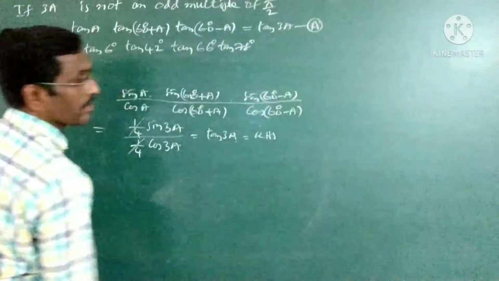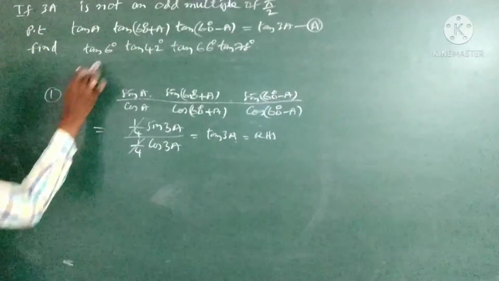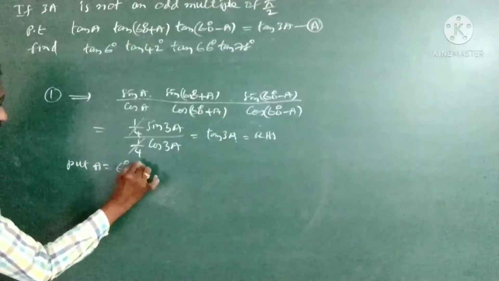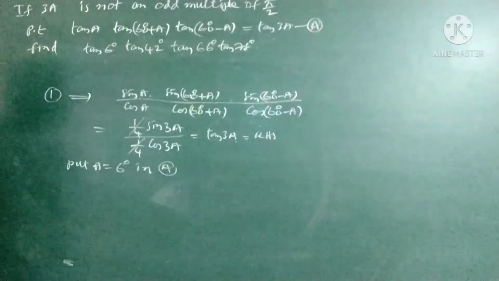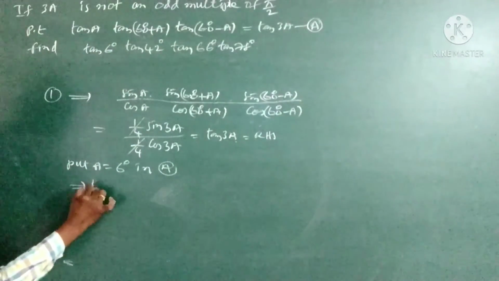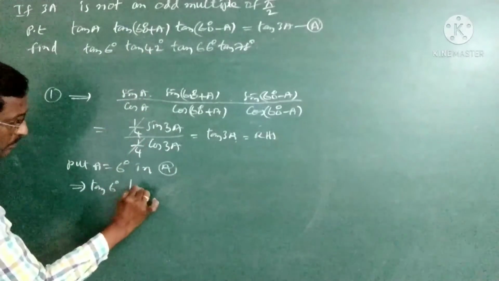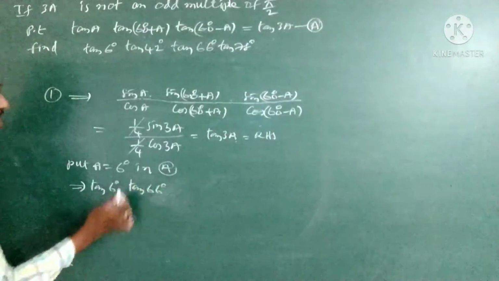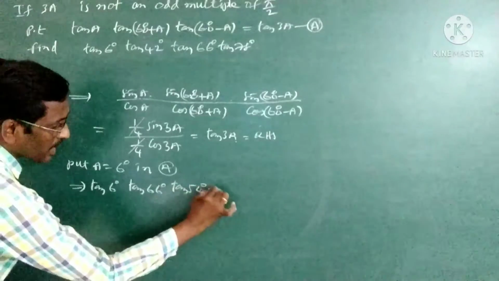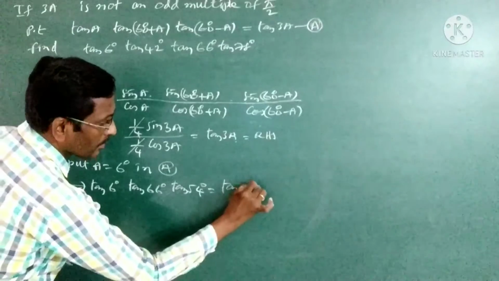Suppose it is A, put the value a equals 6 degrees in equation A. Now if I put the value, it becomes tan 6 degrees, 60 plus 6, 66 degrees, 60 minus 6, tan 54 degrees equals tan 3a, tan 18 degrees.